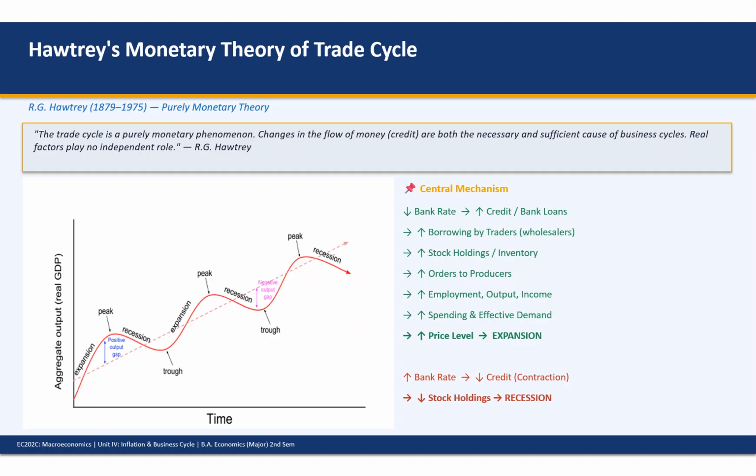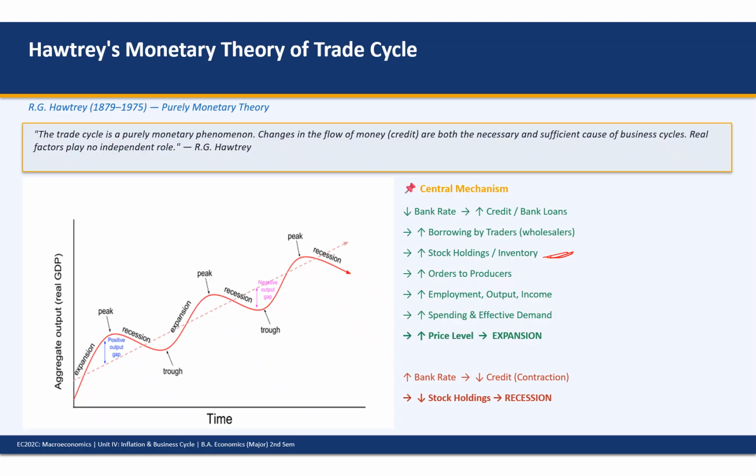Now, let us go through the central mechanism of Hawtrey's trade cycle theory. It shows a chain reaction through which a fall or rise in the bank rate affects credit, borrowing, production, incomes, spending, and prices. So, when the bank rate falls, credit becomes cheaper. As a result, traders and wholesalers can borrow more from the banks and increase their stock holding and inventory.